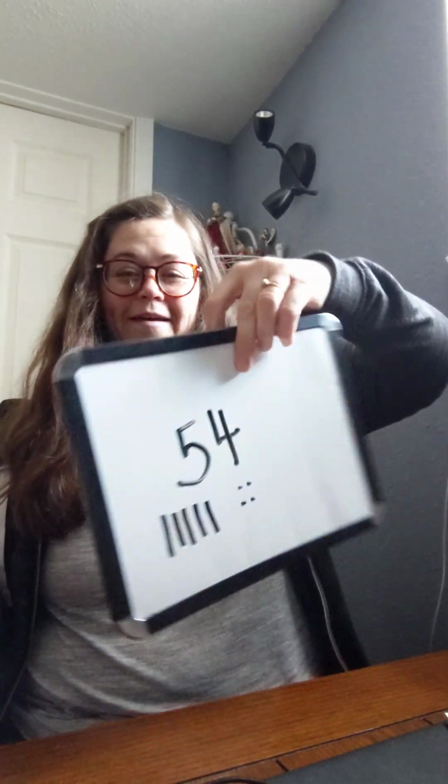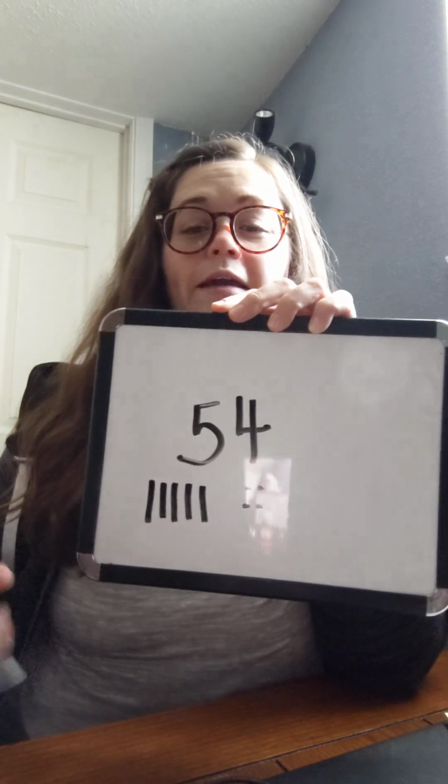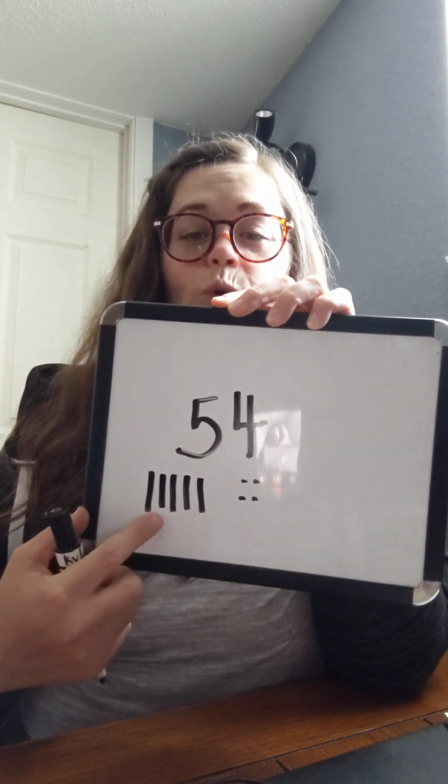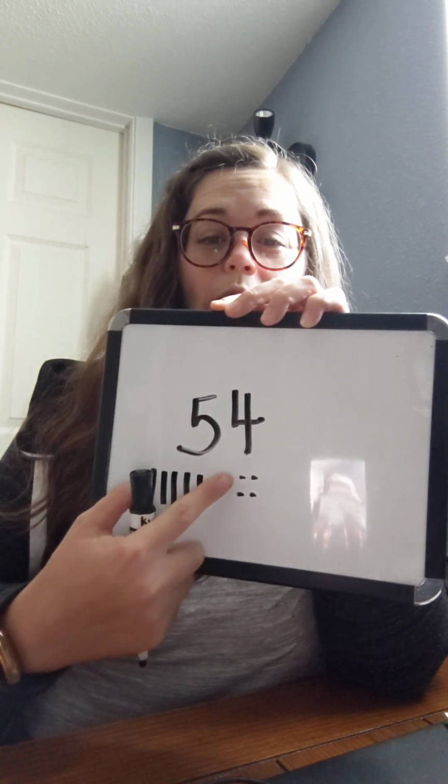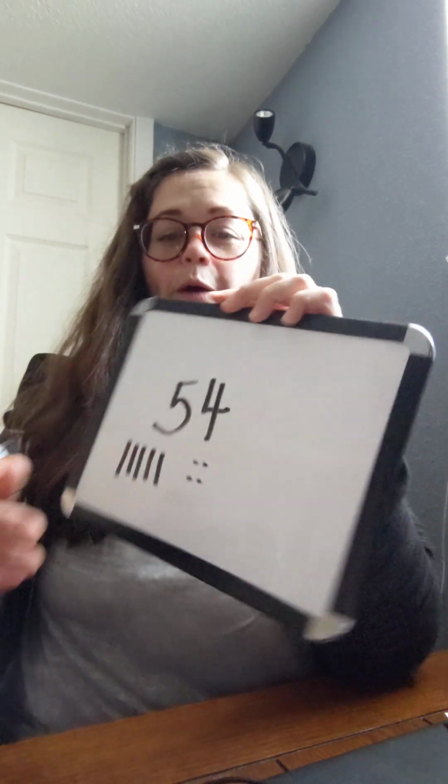Okay, and then when you're ready, go ahead and put your board under your chin and I'll check. Show me what you got. Okay, good job. And this is what I have. Woo, there we go. 54. Now, let's count it out just to make sure we've got it correct. 10, 20, 30, 40, 50, 51, 52, 53, 54. Just like that. 54. Okay.